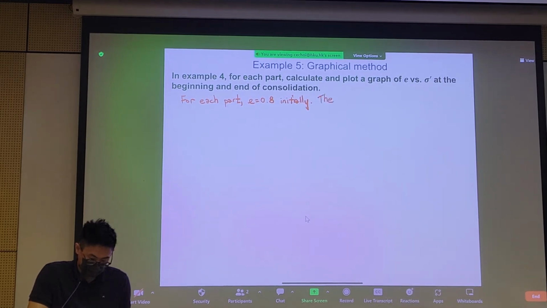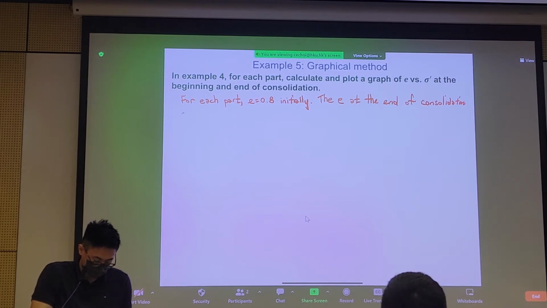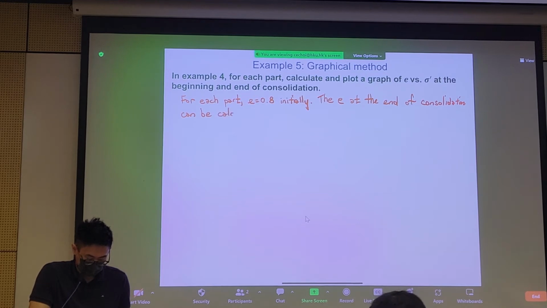The void ratio at the end of consolidation is calculated as follows.